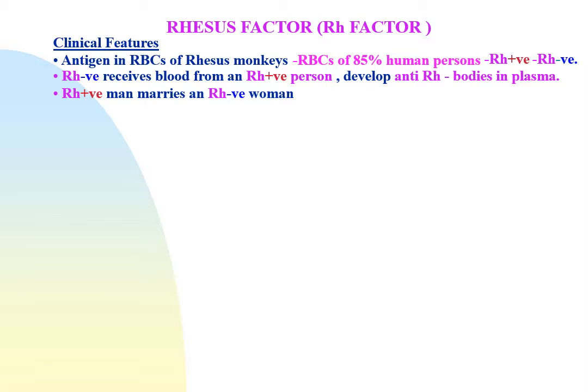In the next pregnancy, these antibodies will cross the placenta to be mixed with the fetal blood, causing hemolysis of his RBCs and intrauterine fetal death, a condition which is called erythroblastosis. For treatment of these mothers, they have to be injected after each delivery or each abortion with a preparation of anti-Rh.